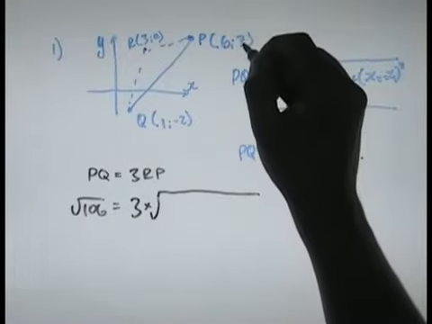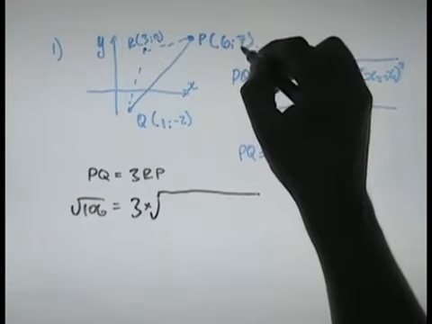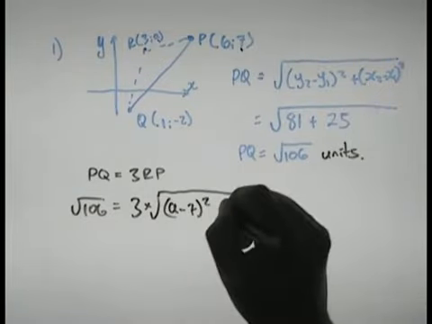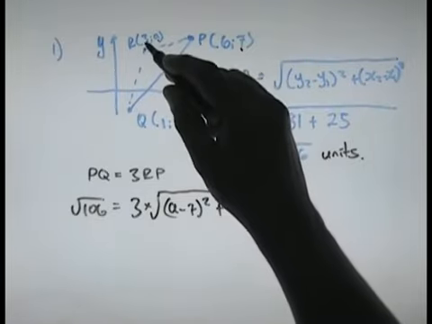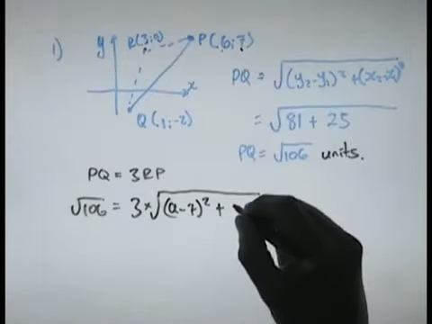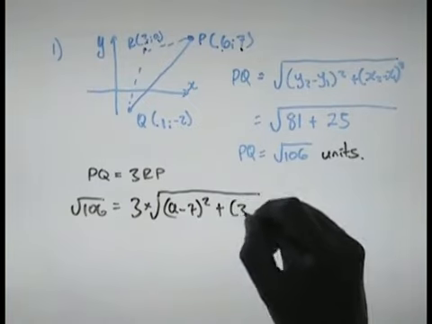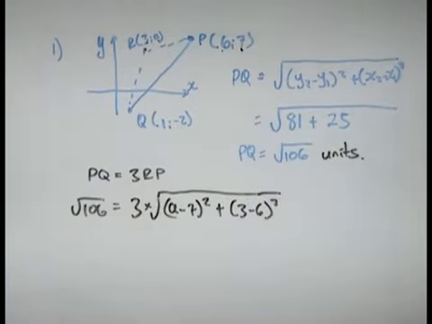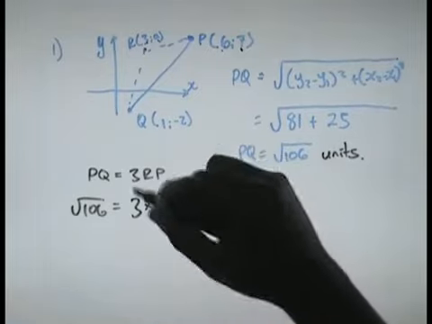RP is going to be given by the square root of (y2 minus y1, which is A minus 7) squared, plus (x2 minus x1, which is 3 minus 6) squared. I can get rid of both square roots.